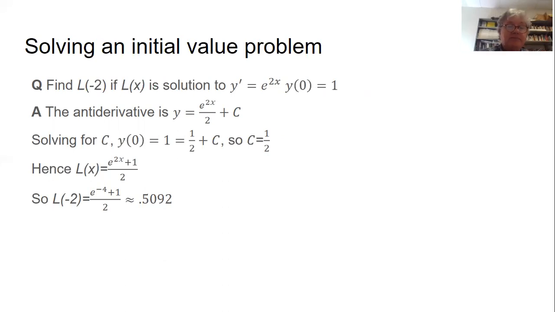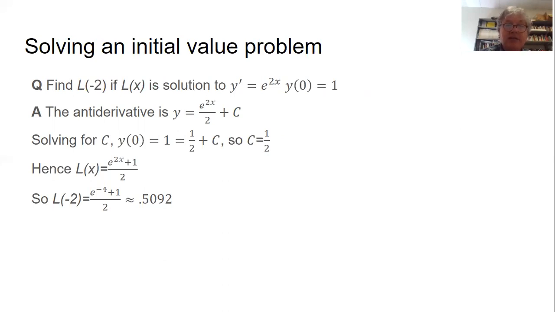So here's one. Find L of minus 2 if L of x is a solution to that differential equation with that initial condition. If we've got y prime equals e to the 2x, the antiderivative is e to the 2x divided by 2 plus c.